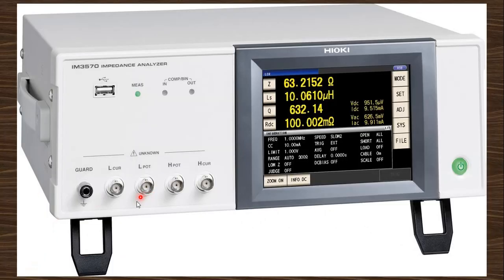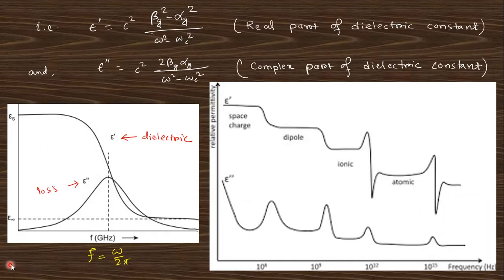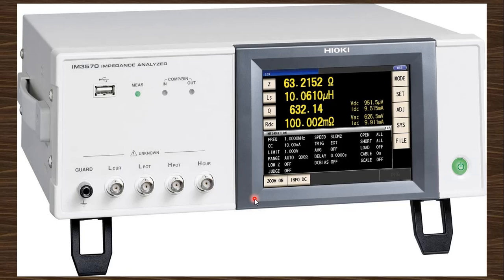So this is an important instrument by which we can get this parameter as well. With that we also get the conductance, impedance, loss factor, all things, and the capacitance of this dielectric material can also be found out.